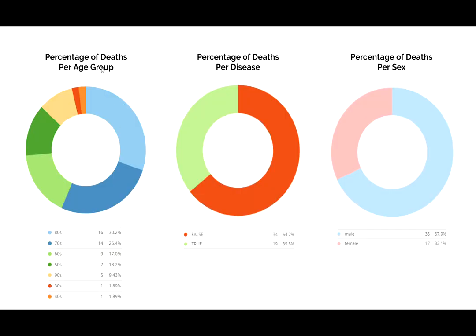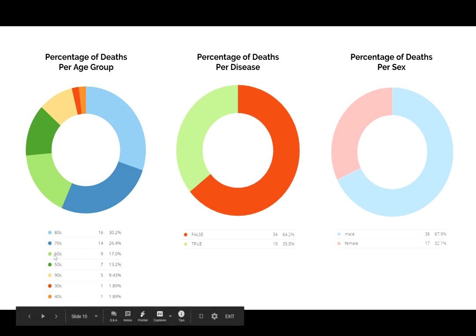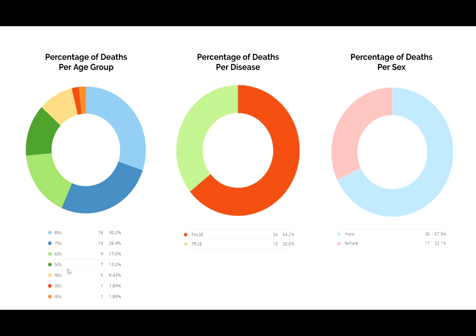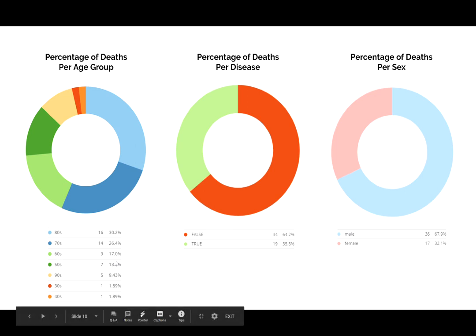And so you can see that the percentage of deaths per age group right here is that people who were older were more likely to die from this disease. And so from 50s onwards, you can see that the percentage of deaths increases for those groups.